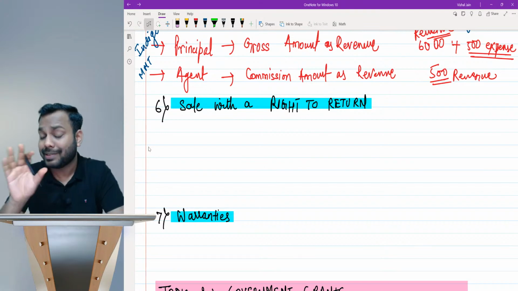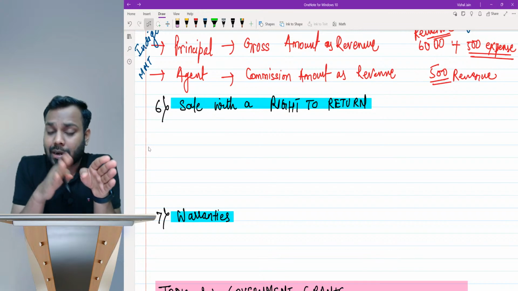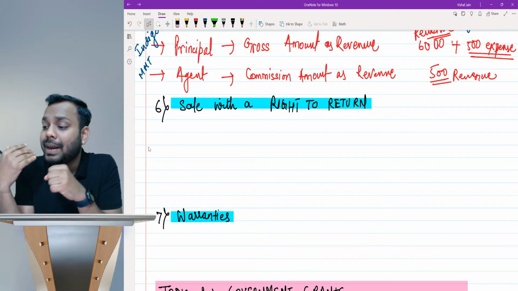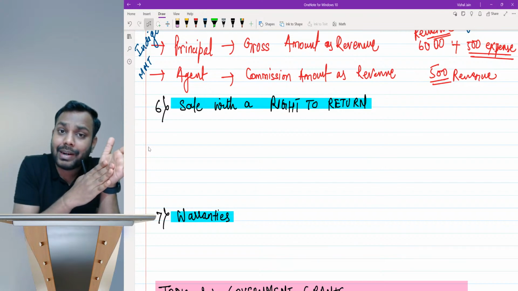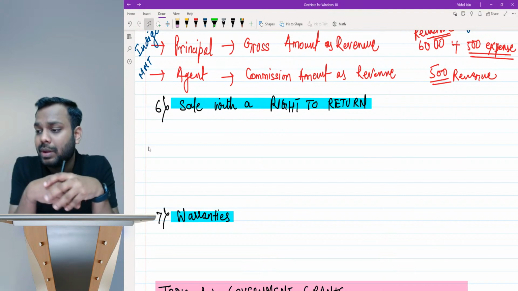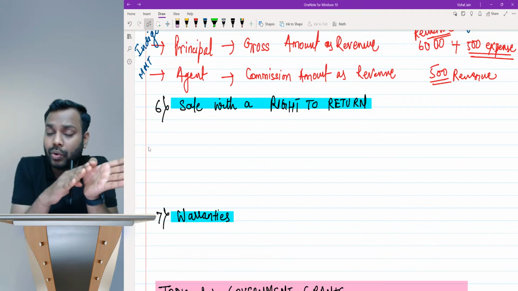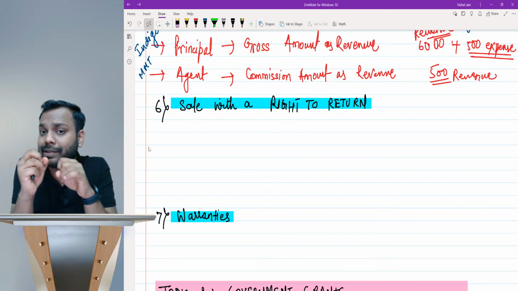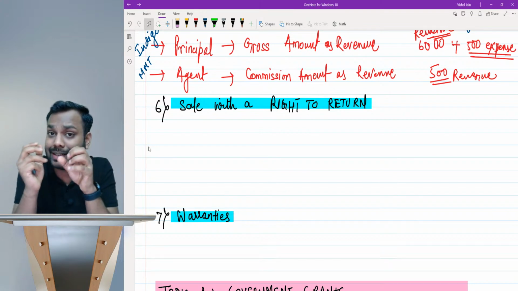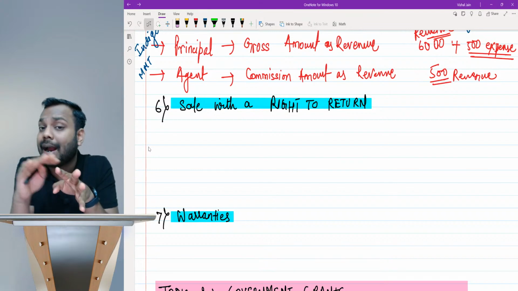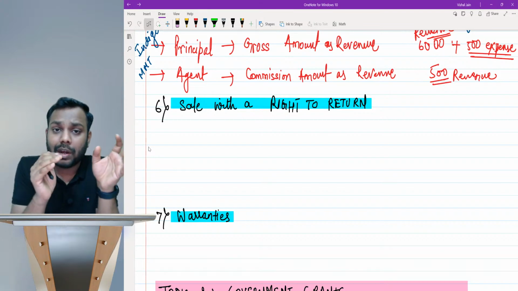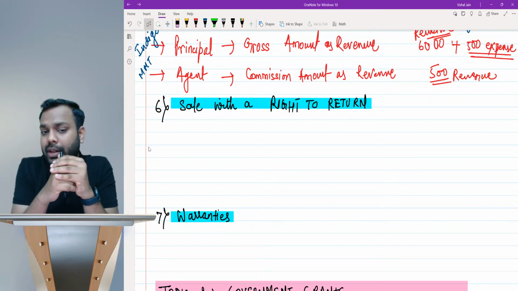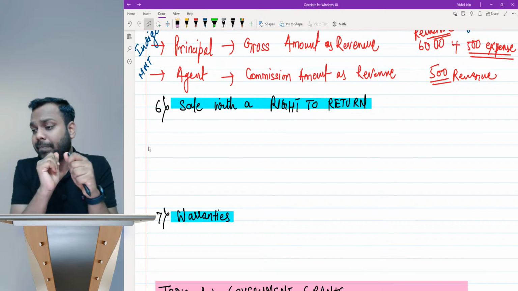In the consignment, you have to understand that the control transfers when the consignee sells it to the end customer, and not when the consignor transfers it to the consignee. You have to be very careful in this one. Rest all is the same.